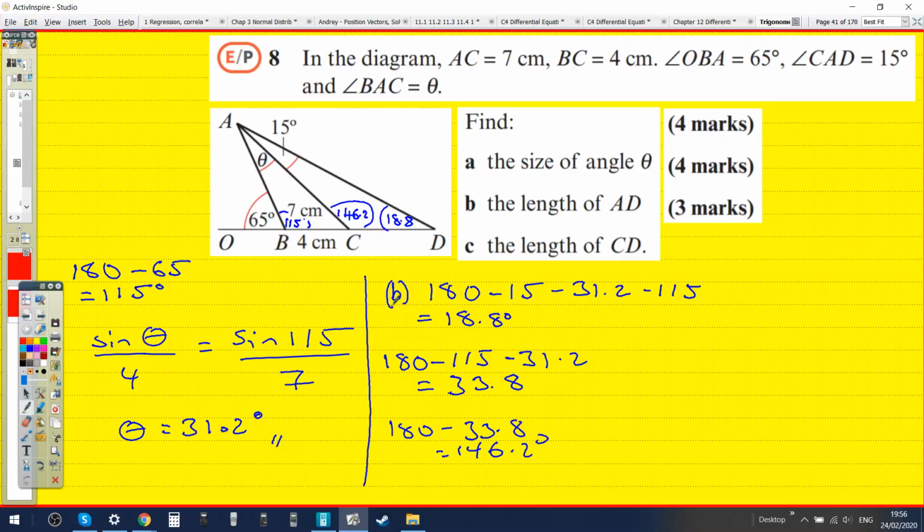So does that mean that if we just do sine 146.2 over x, it'll be equals to sine 18.8 over 7? Yeah.